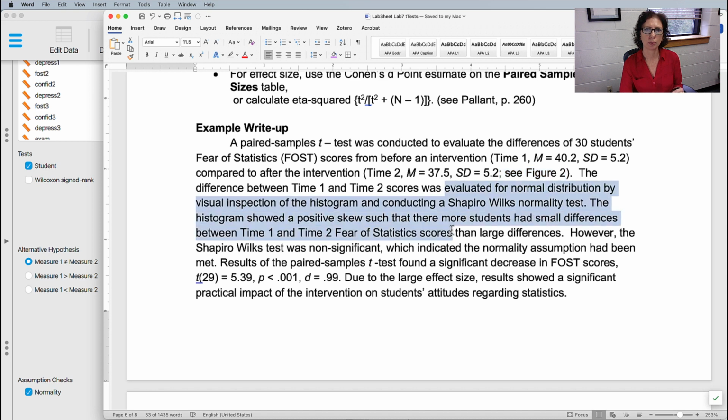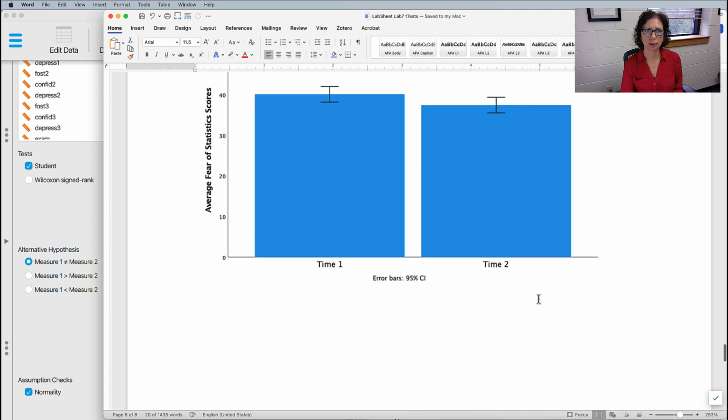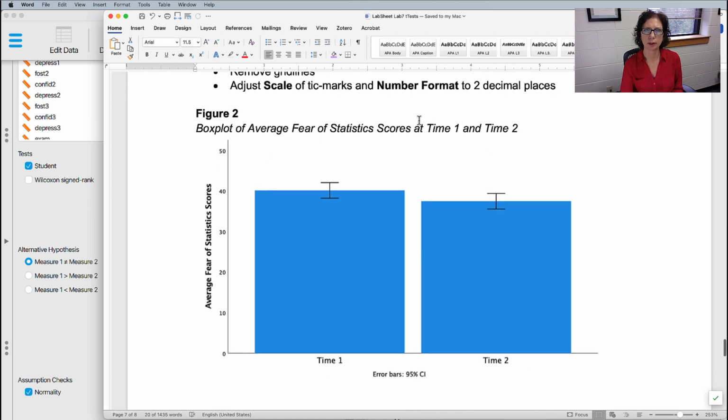Let the reader know what you did as far as checking assumptions. Shapiro-Wilks test was non-significant. And let your reader know the results of your test, including your stats line. Now that Cohen's d is large, so an interpretive sentence about the large effect size would make sense here. And then we can use our bar plot that we made to help the reader see what we're talking about.